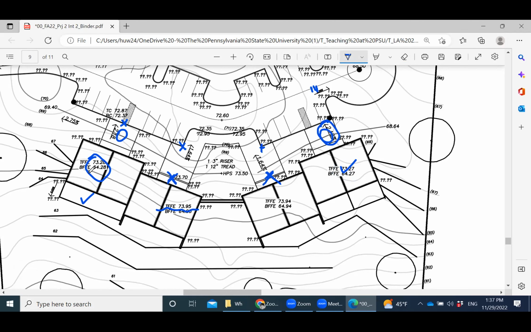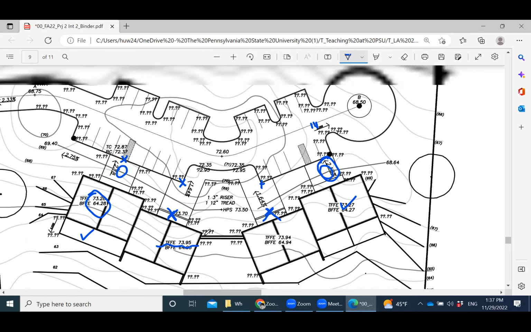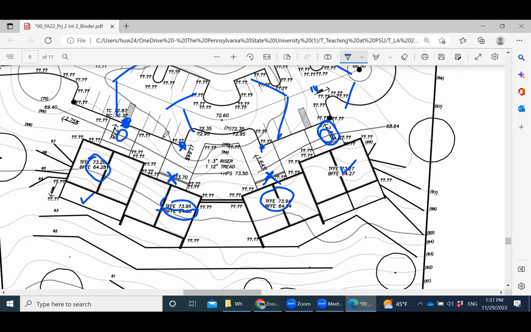And then by that time, you should have a good set of FFEs to work with. Once you fix knowing these spots, recalculating the FFEs for these 2 units, you should work on the parking lot contours. Once you work on the parking lot contours, you should work on the contours over here.